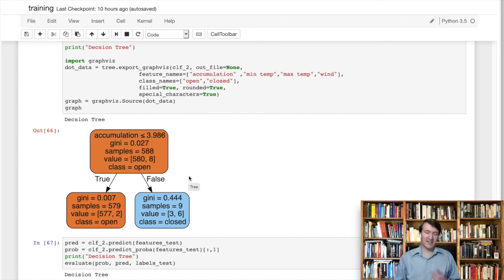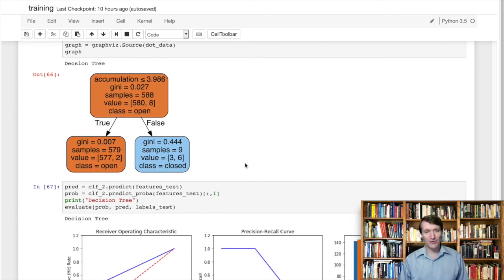You can interrogate that logic more easily than an entirely black box. For that reason, sometimes you choose to use models like this, even if they're not quite as high performance as other models, because you have an understanding of what's going on. That's a powerful one there.